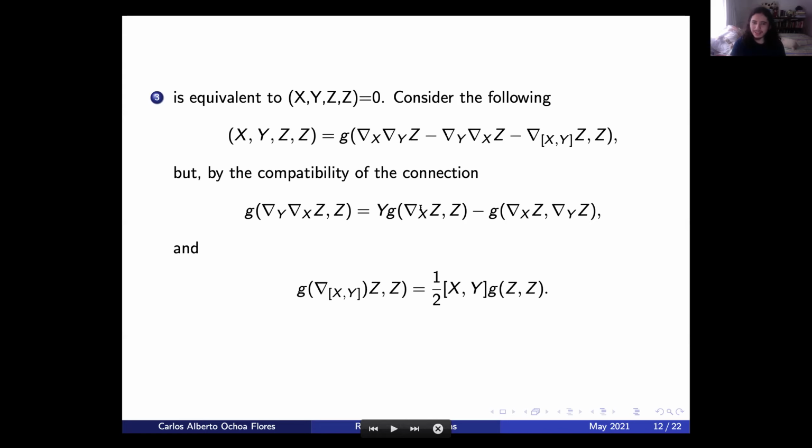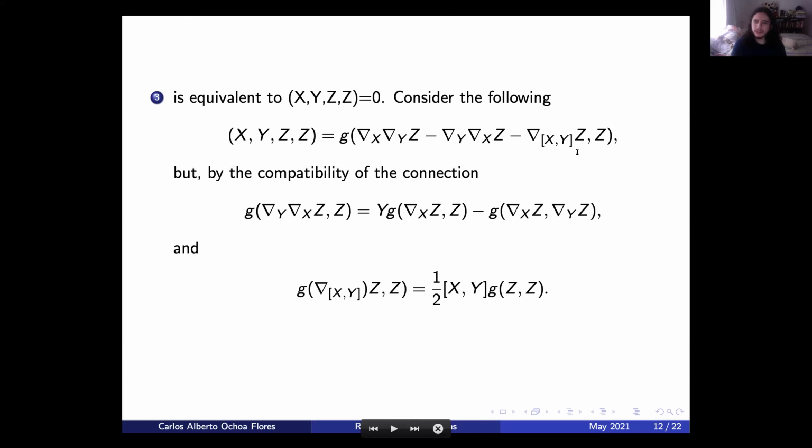And that can be expressed by the compatibility of the connection as the sum of this term and this term. Then this term is the difference between this and this. And we can also do the same with this other term here.